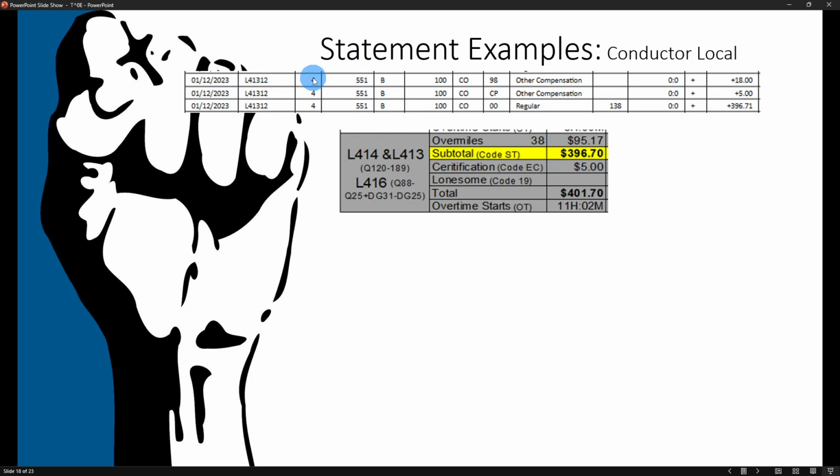Even though it's kind of service 4, 551 rate code here. Code 98, conductor trainee pay. All right. DP, $5 for certification. And the 396.71 matches the L314, 138 claim miles. Boom, boom, boom, boom. Works.